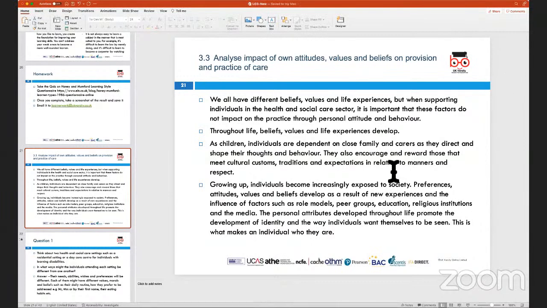Okay. Now, looking at the assessment criteria 3.3, what we want to understand is how we analyze the impact of our own attitude, values, and belief on the provision and practice of care.